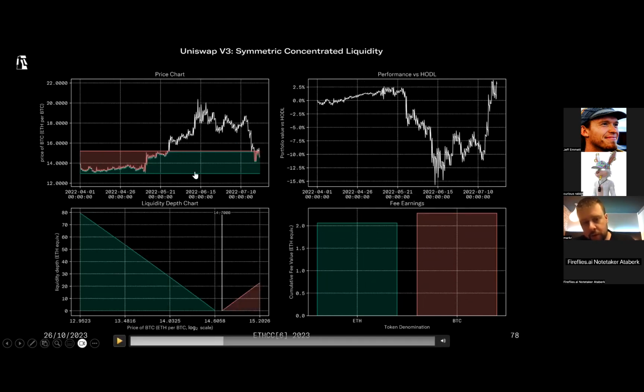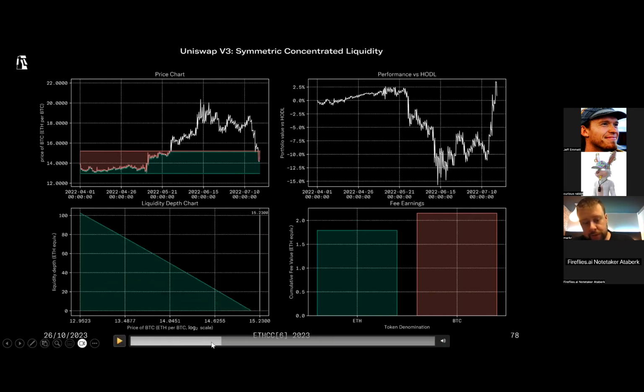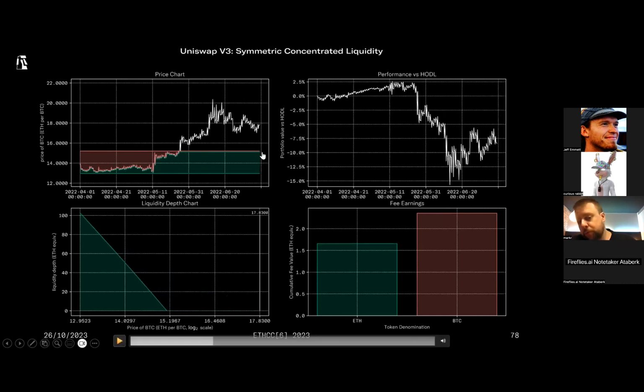So let's pause it right there, where I said that if you're in a concentrated liquidity system, and Uniswap V3 is a concentrated liquidity system, it's possible to completely run out of liquidity. So here, as long as the price of Bitcoin is all the way up above our range, we only have ETH tokens.